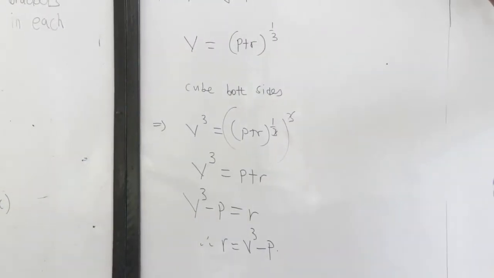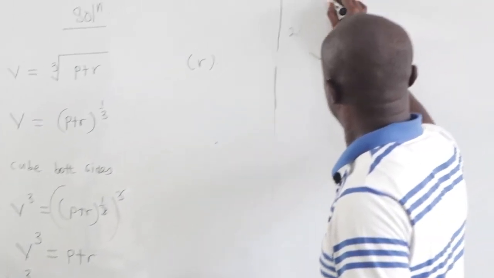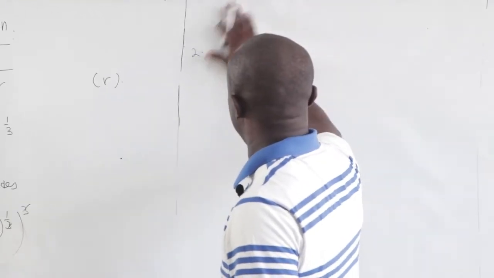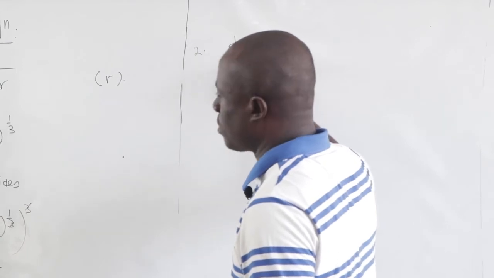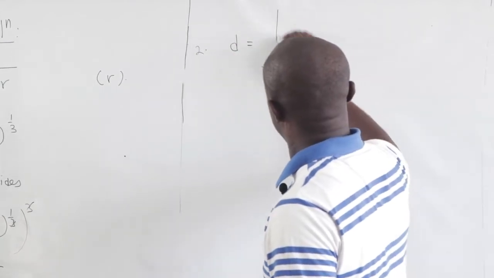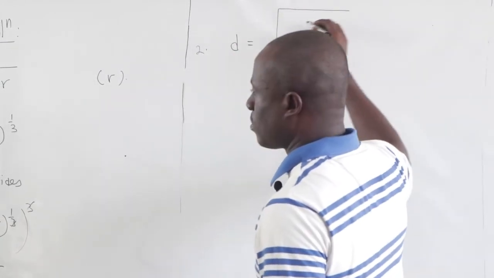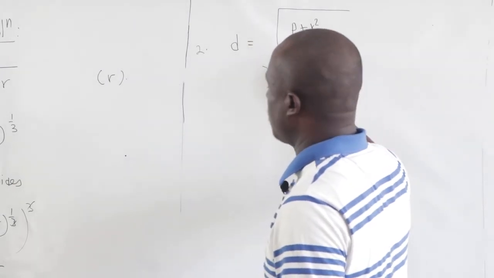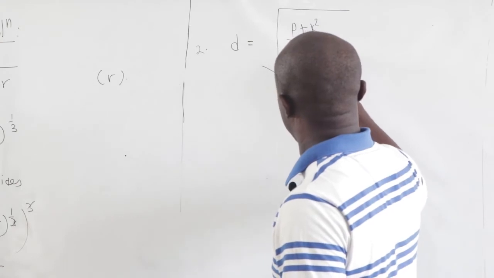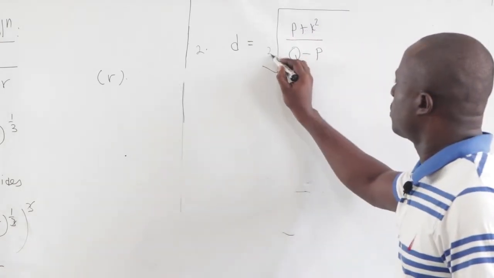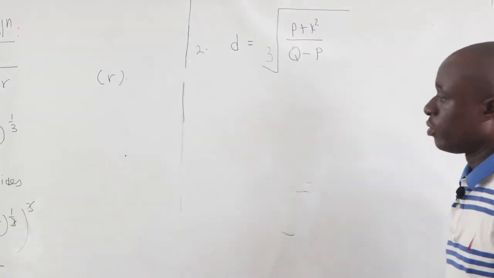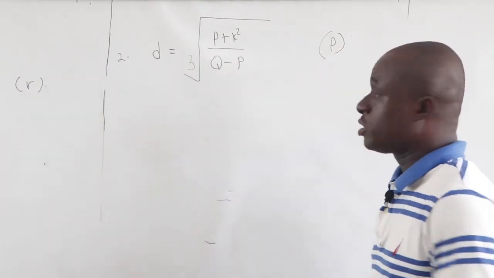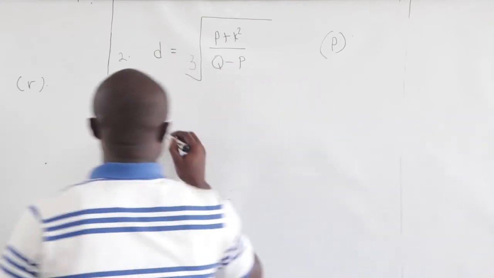Now let's see the second one. We have d equal to the cube root of p plus k squared all over q minus p. This is a cube root. We want to make p the subject. What do we do? This is a cube root, so we cube both sides.